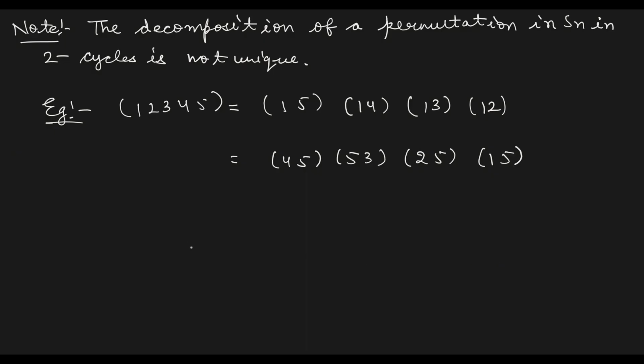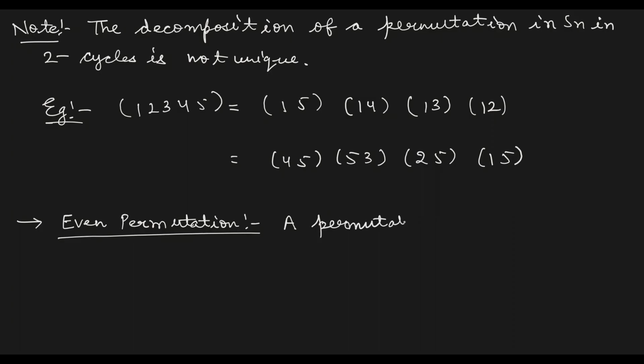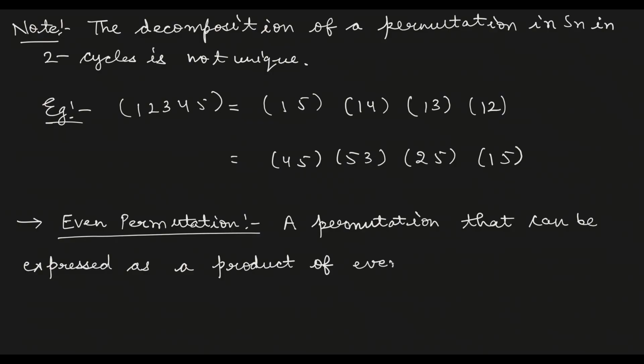Next, what do you understand by an even permutation? A permutation that can be expressed as a product of an even number of 2-cycles is an even permutation.